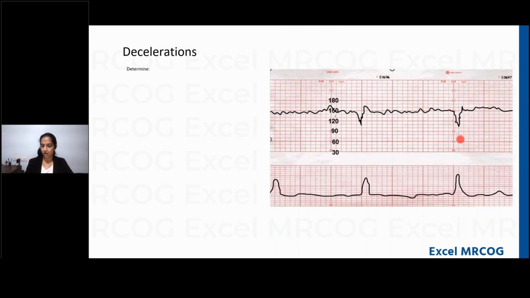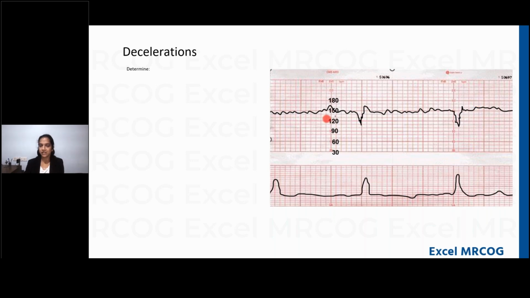What is important for you to note is that it is not enough to look at one particular deceleration to know whether it is early or variable deceleration. You have to look at the entire CTG tracing and the pattern, whether a uniform pattern is followed by the decelerations with respect to the contractions. This second one looks almost like an early deceleration.